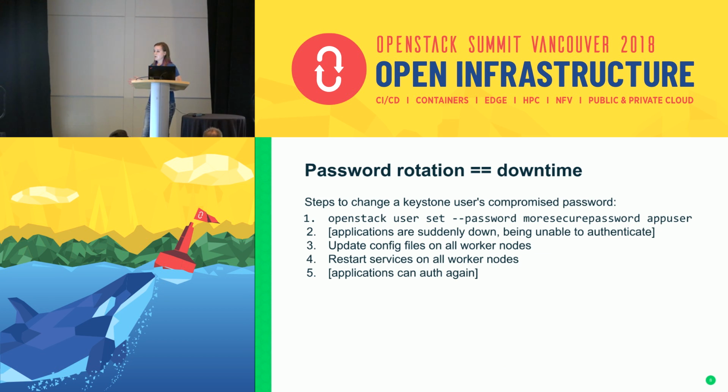You will have to change the password for the Keystone user, and then all of a sudden your applications stop working. And while you're rolling out the new config and restarting the services, you have what could be a few seconds or a few minutes of downtime where your applications can't authenticate. If it's a small application and you have good automation, it might not matter that much, but it's still definitely not ideal.